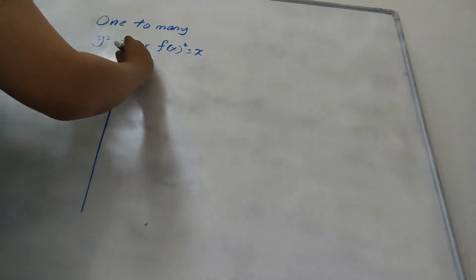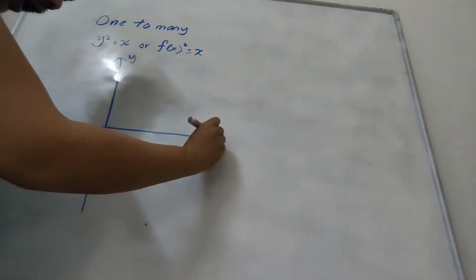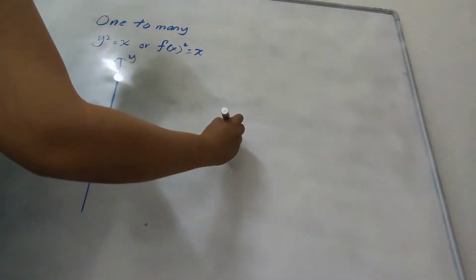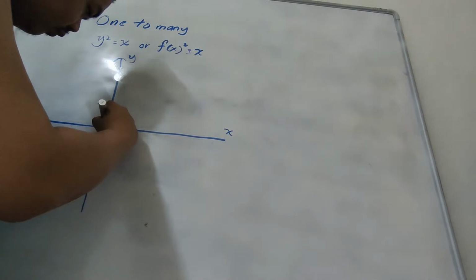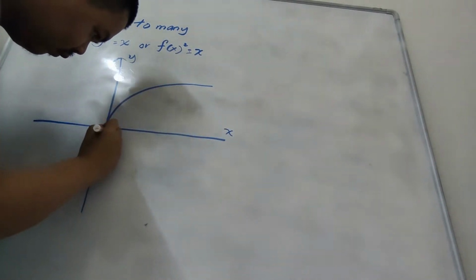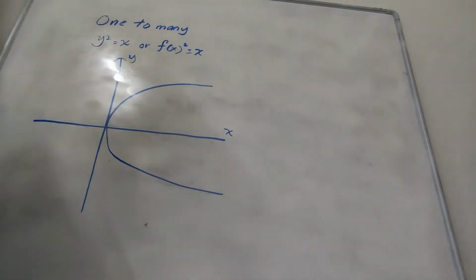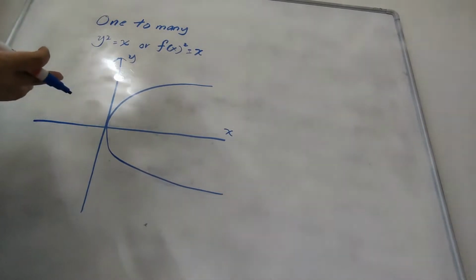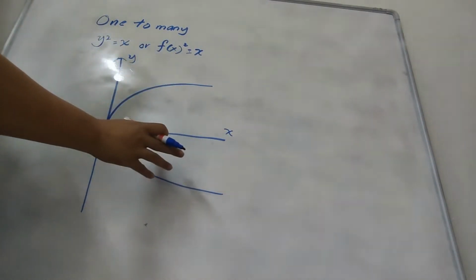You have a y-axis here, then you have an x-axis here. So this is the x-axis, and this is the parabolic function, the parabolic shape rotated from the y-axis by 90 degrees.